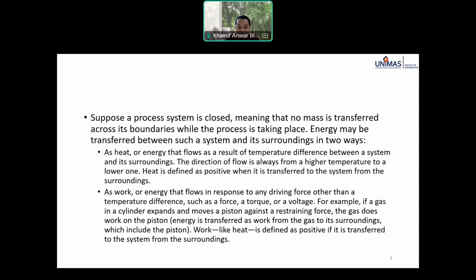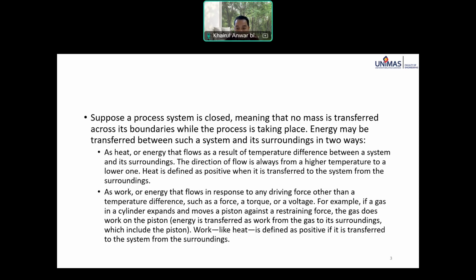Work requires something mechanical, like a shaft, meaning there will be a force, a torque, or a voltage, like a gas expanding in a cylinder, which moves the piston.